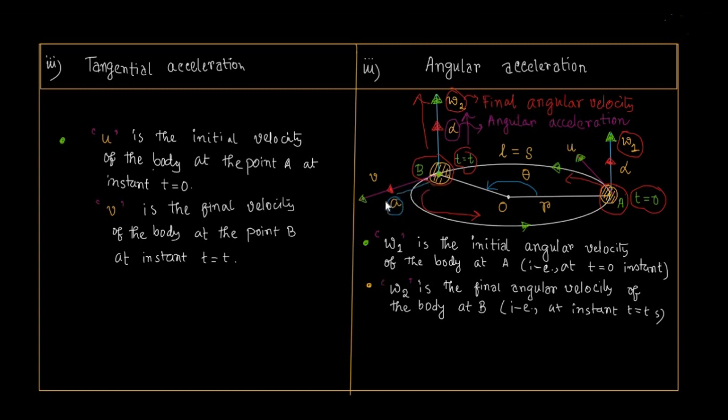Now A is the tangential acceleration of the body at the point B at instant t equal to t second.